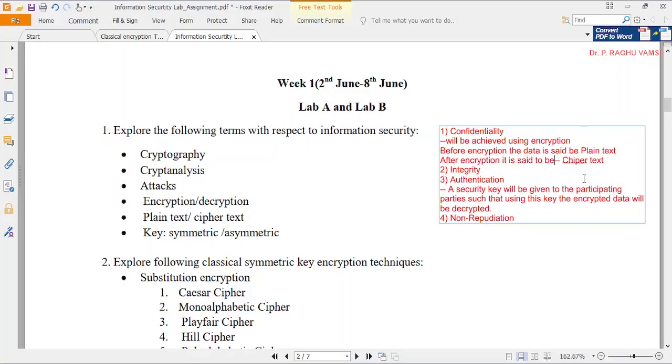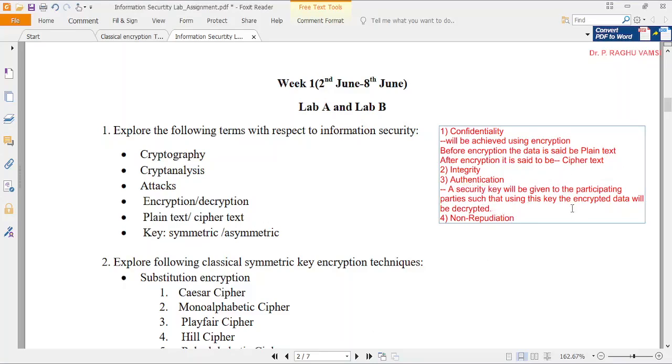Okay. Now this ciphertext, spelling C-I-P-H-E-R, ciphertext. Whenever an authenticated user uses the valid security key, and with that security key he can convert this ciphertext to the plain text, then it is said to be decryption.